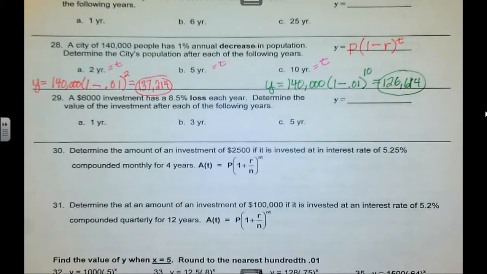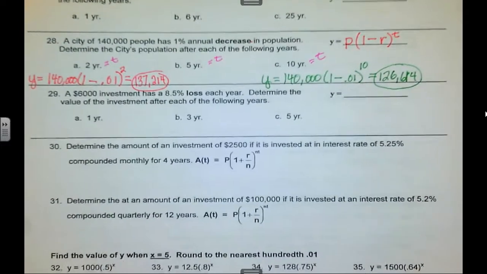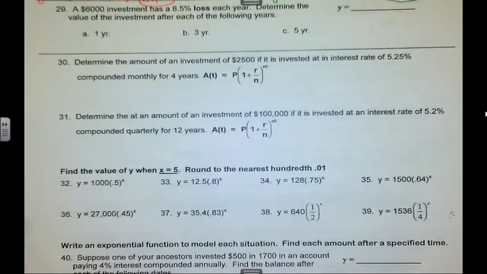Let's do number 31. Determine the amount of an investment of $100,000.